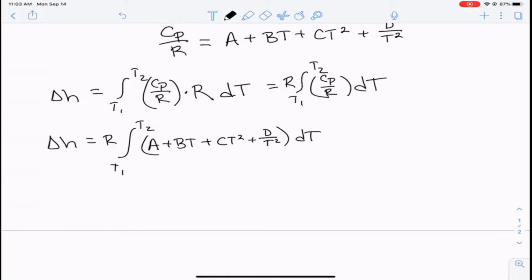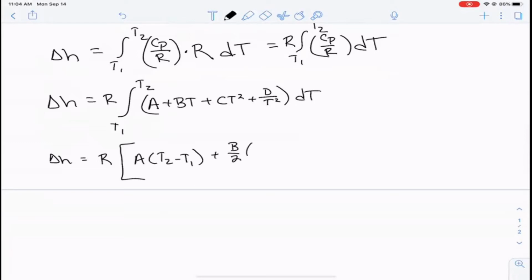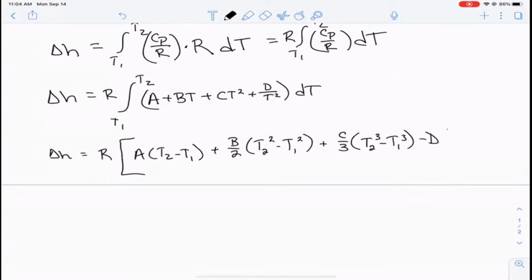And in the very first lecture that we had this semester, we actually worked on taking this integral. So delta H then is equal to R times A times (T2 minus T1) plus B over 2 times (T2 squared minus T1 squared) plus C over 3 times (T2 cubed minus T1 cubed) minus D times (1 over T2 minus 1 over T1).